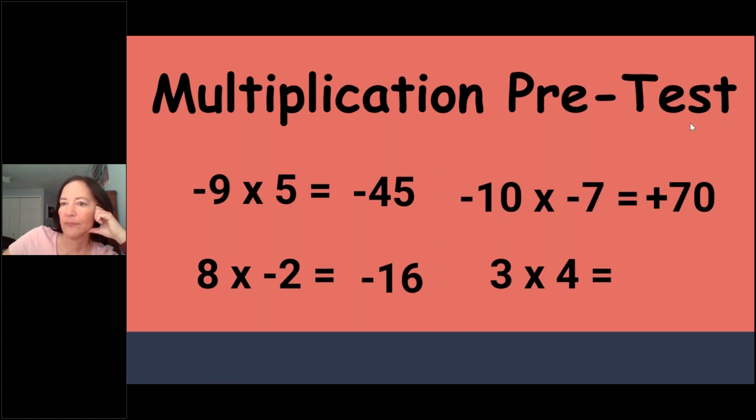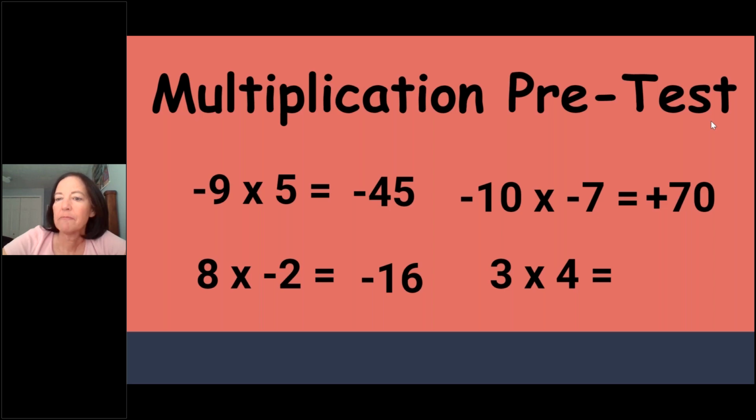When I don't have any kind of a sign there, it's just understood that those are positive. So the 3 and the 4 in this problem are both positive numbers. So will our answer be a positive or a negative?